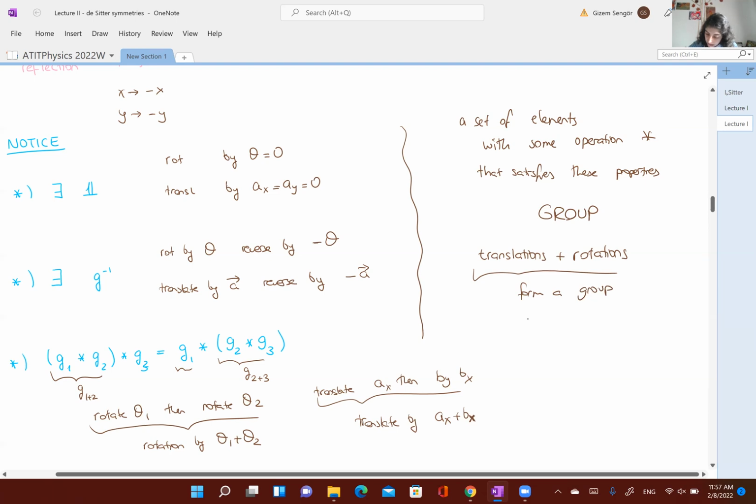And these being the transformations that leave the metric of R2 invariant, this is called the isometry group.